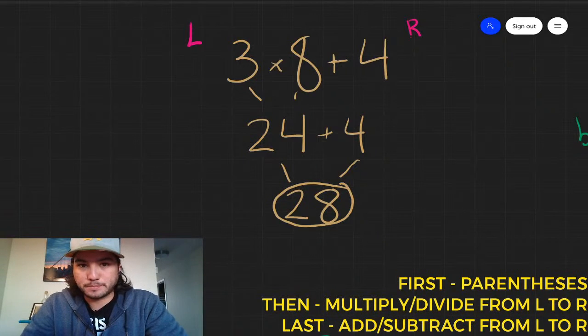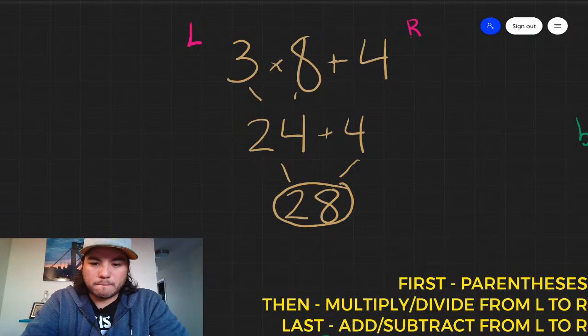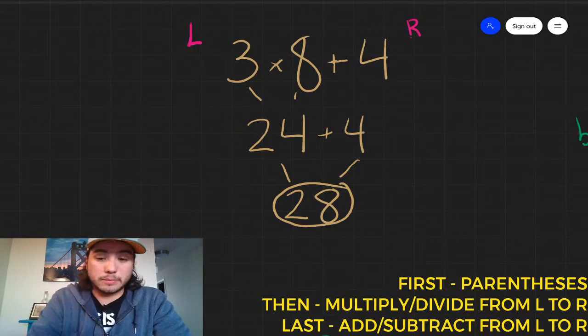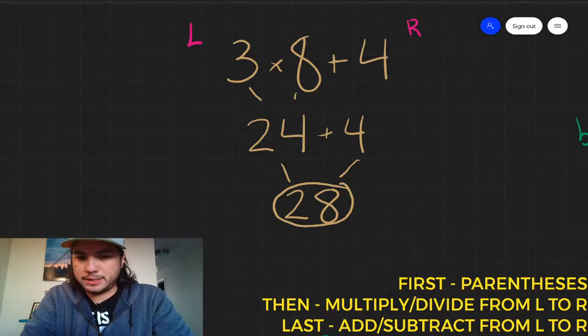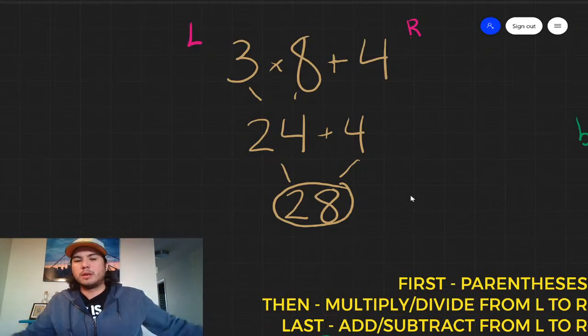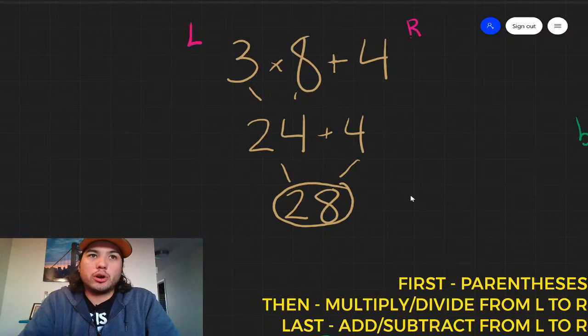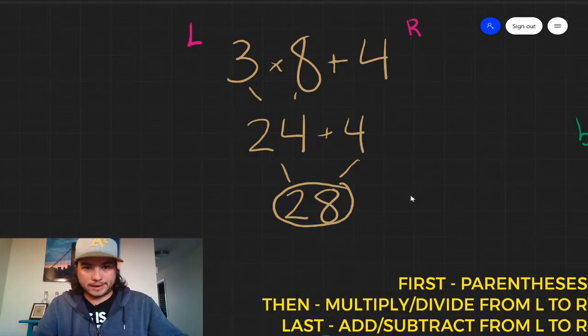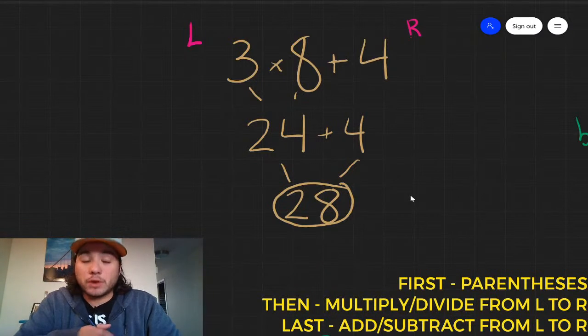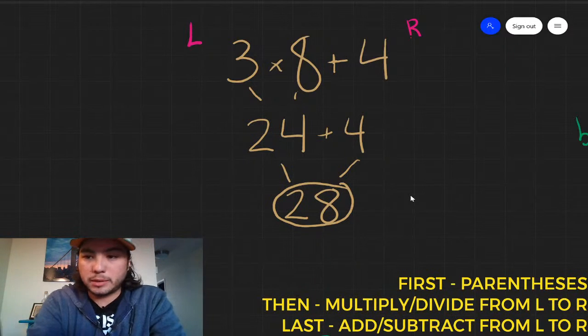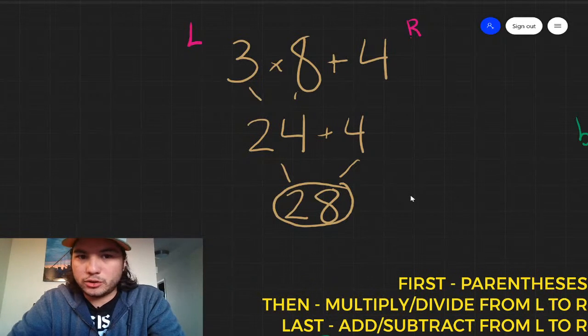Okay, now I mentioned parentheses and I haven't talked about it yet, and I want to do that with this equation because I want to point something out. Parentheses are to show whatever operation you want to do first, regardless of multiply, divide, add, subtract. Whatever you want to do first, you're going to put that in parentheses. So for instance, if we were to put 3 times 8 plus 4 into words, what might we say?